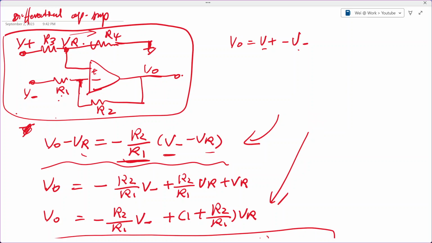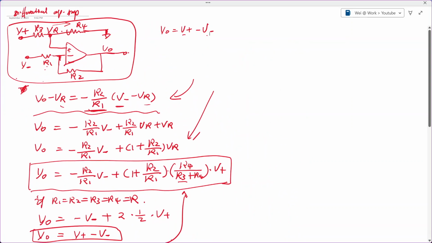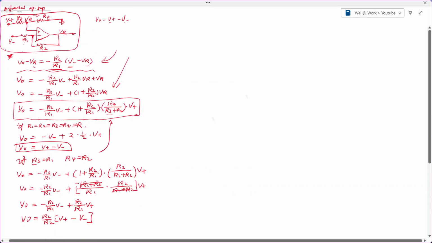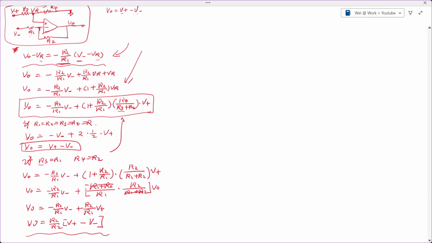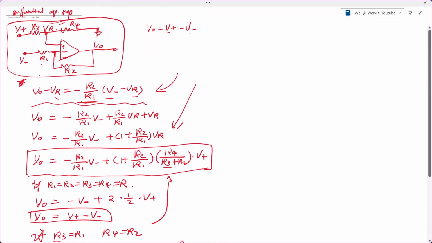So V out equals R2 over R1, the ratio between these two resistors, times V plus minus V minus. This is the situation where you want to get the difference voltage, but you also want to amplify it with gain. You want to amplify the difference voltage from here, so you can just set these two resistors the same: R3 equals R1, R4 equals R2.